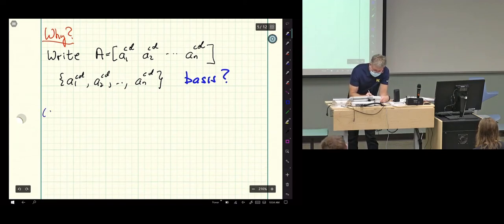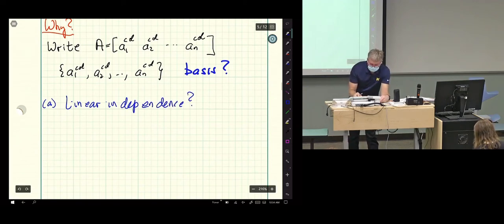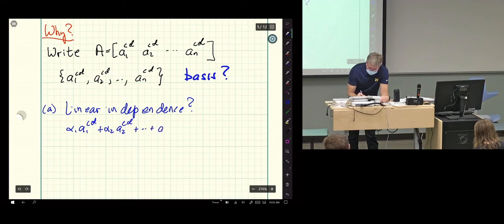Well, let's first check linear independence. So we write down a linear combination. Can't change alpha to A, should stay consistent.